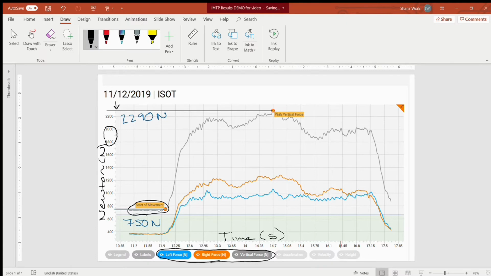So the net peak vertical force is going to be the peak value, in this instance 2,290, minus the stationary value right before the start of movement. We're going to go with 750. So in this instance, it's going to be 1,540, and that would be their peak vertical force.